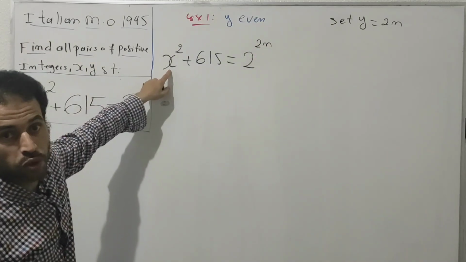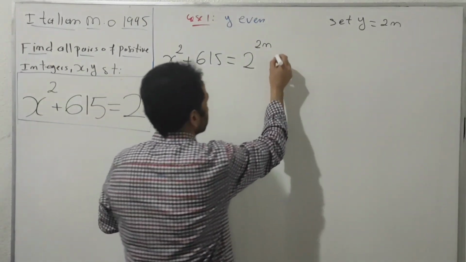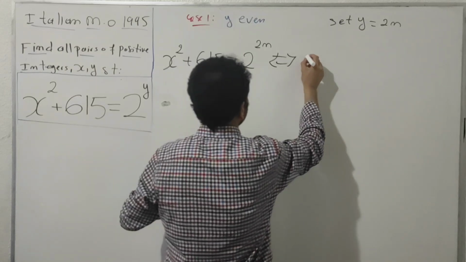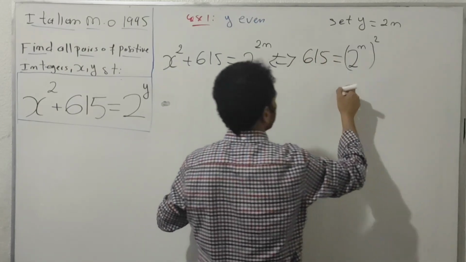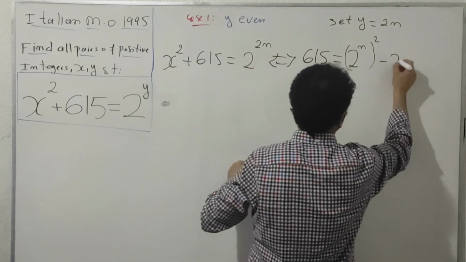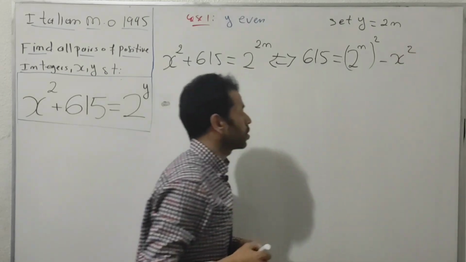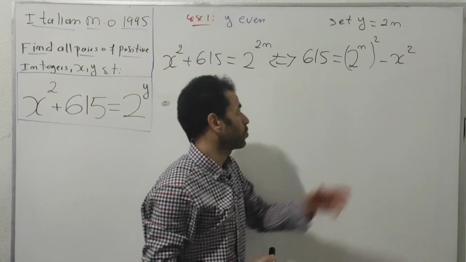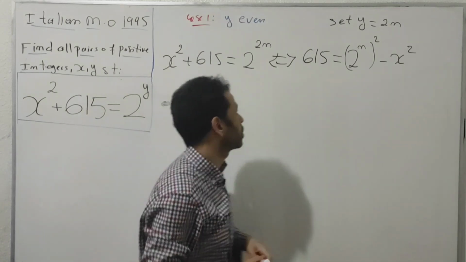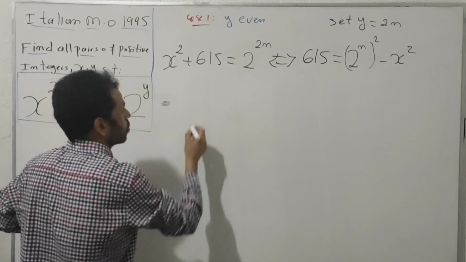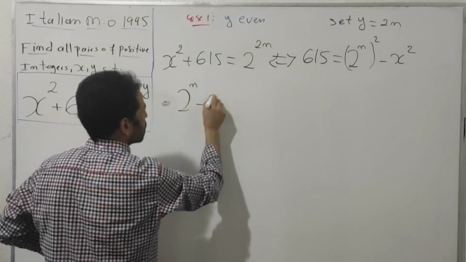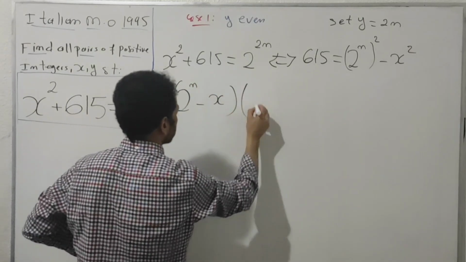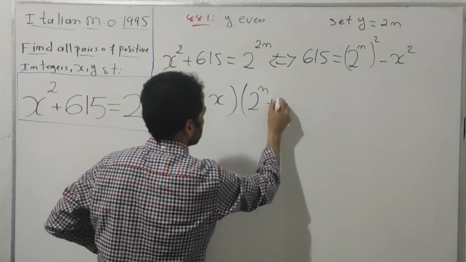By taking x squared to the right hand side of this equation, I will get 615 equals 2 to the n squared minus x squared. This is written in the form of the difference of two squares. I'm going to factor this one, so I will have 2 to the n minus x times 2 to the n plus x.